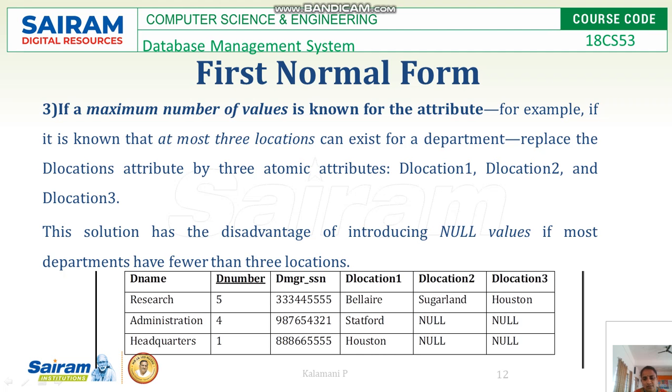The third one is making separate attributes by seeing the maximum values, for which null values are introduced. So the last 2 methods have disadvantages, and the first one, splitting the tables, is the efficient method.